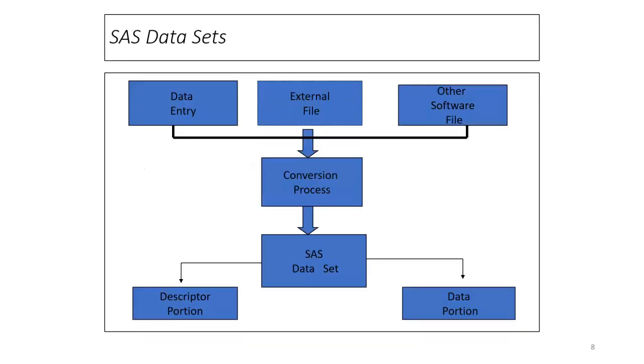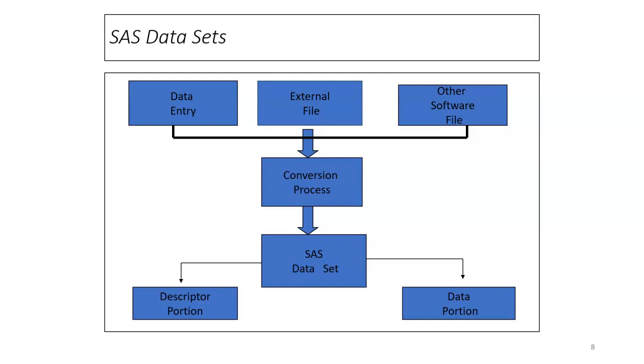Let's see how we can fetch data by data entry, from an external file, or from another software's file. Then there is a conversion process, which creates a SAS dataset, a structured data file. In a dataset there are two parts: the descriptor portion and the data portion.